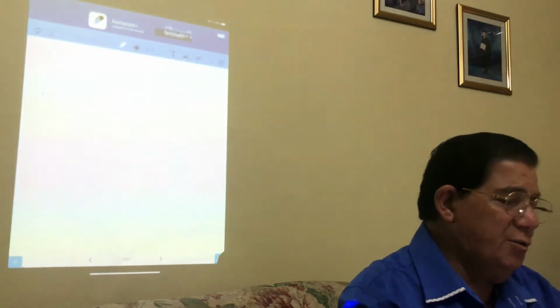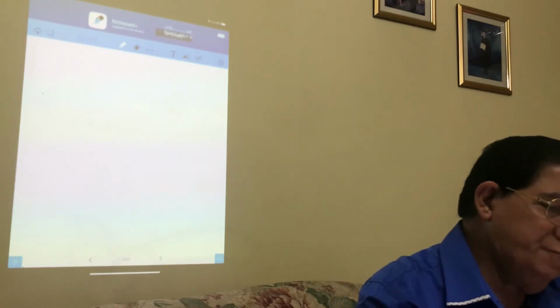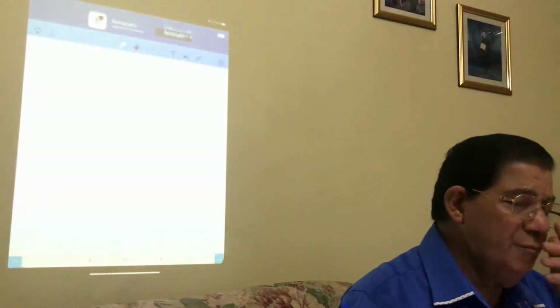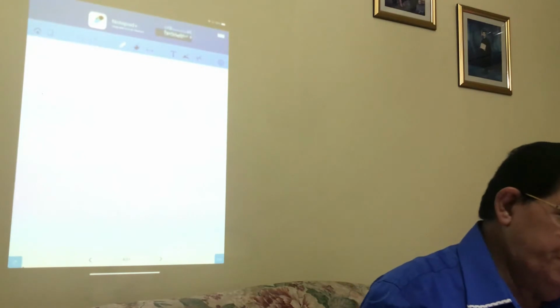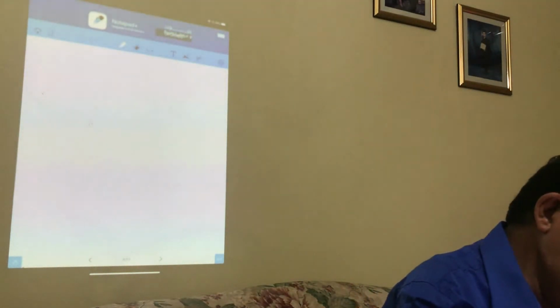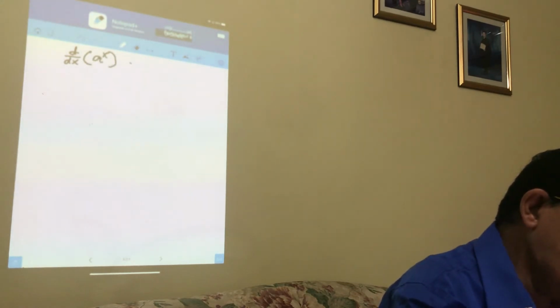This is the end of integration by parts. Now we have one last type of integration. We know that if we differentiate, meaning d by dx, of a power x, the answer is a power x ln a.